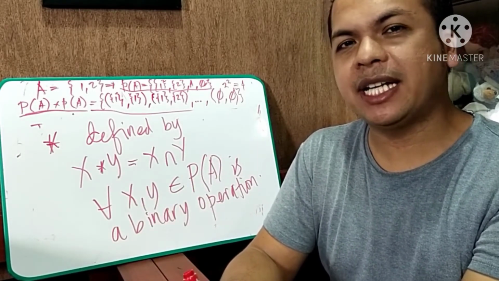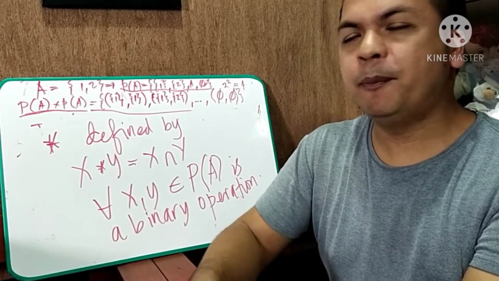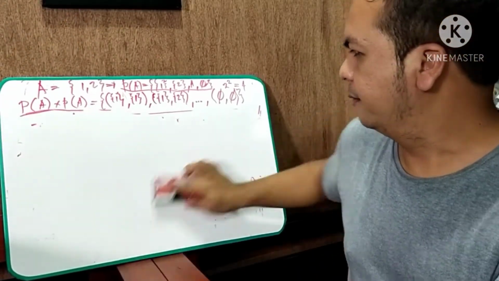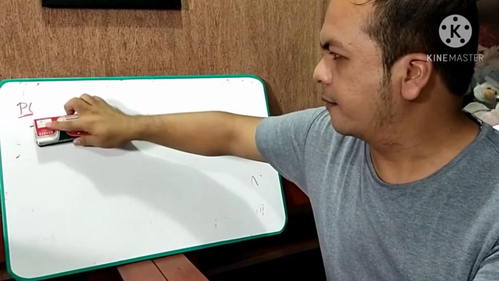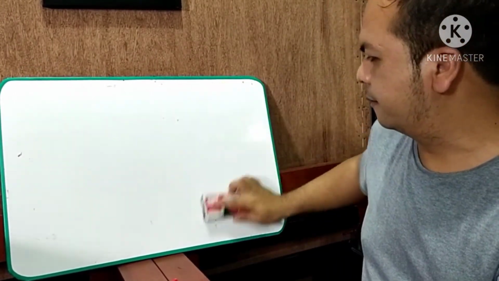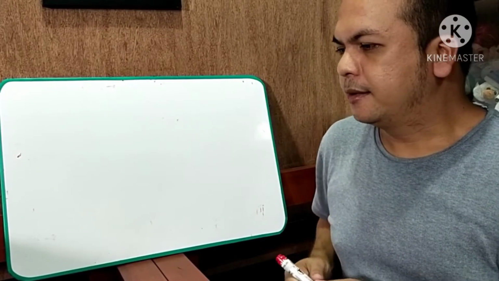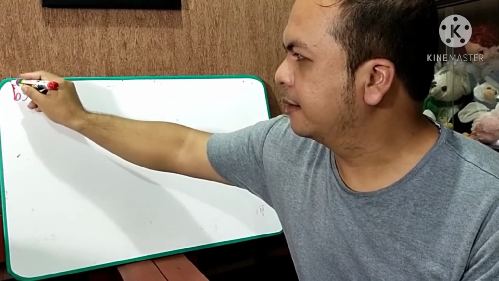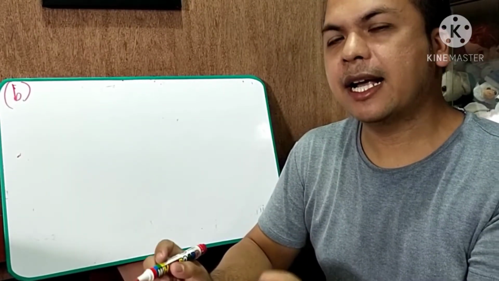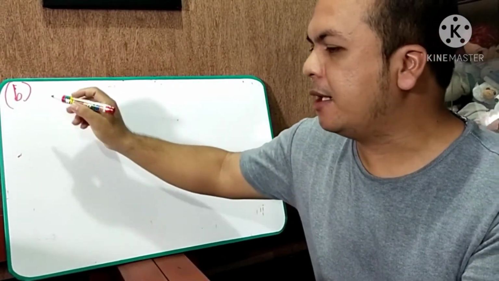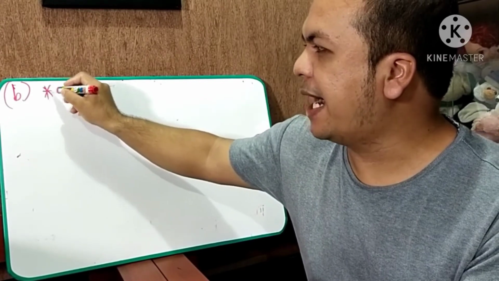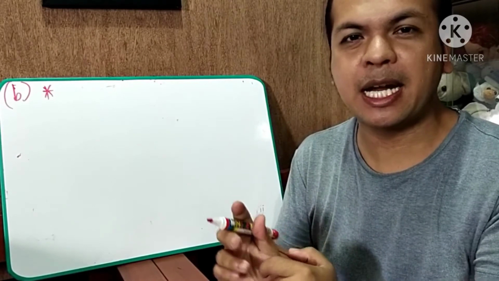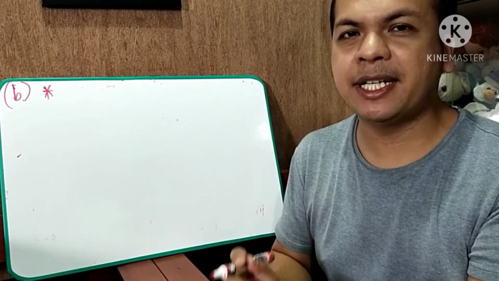Okay? Now, let's proceed to our second activity. Ano yung pangalawang activity natin? Yung pangalawang activity natin ay, our next thing na gagawin natin is to determine whether this binary operation, okay, claim na natin na binary operation siya kasi na-prove na natin na it is a binary operation.